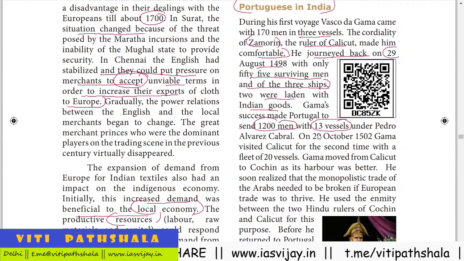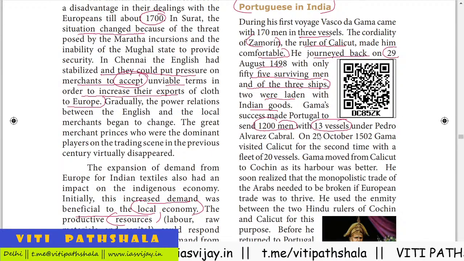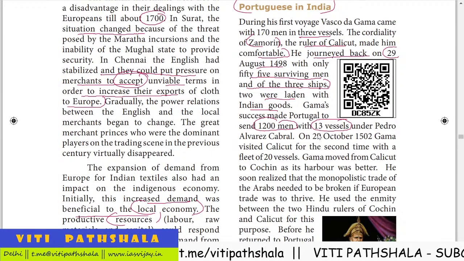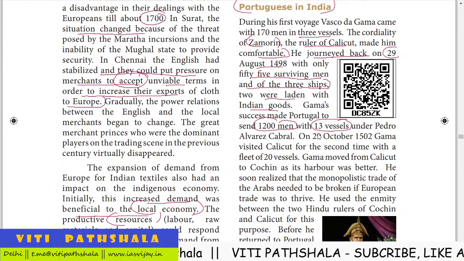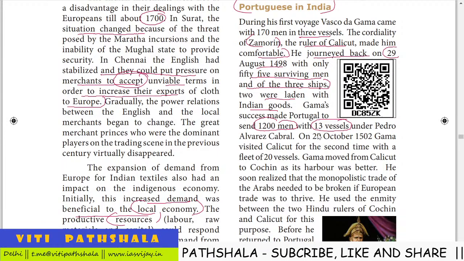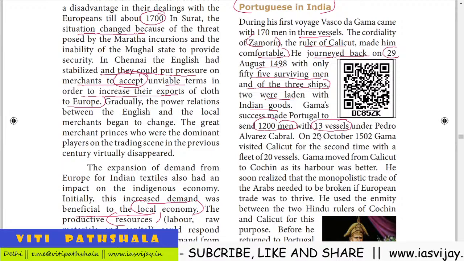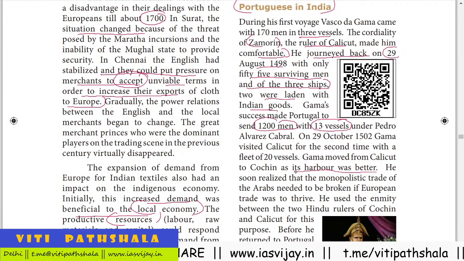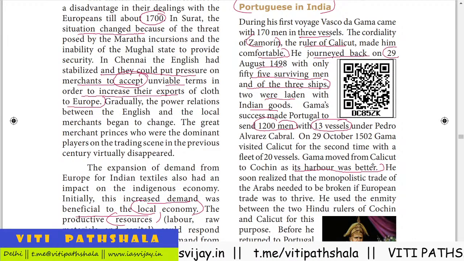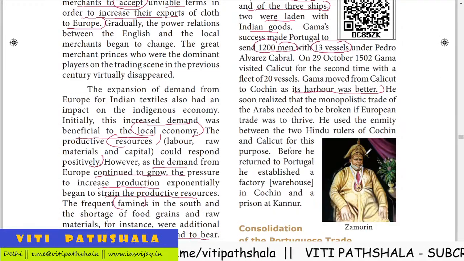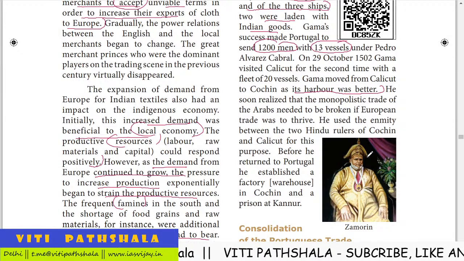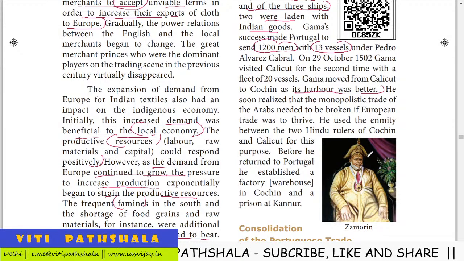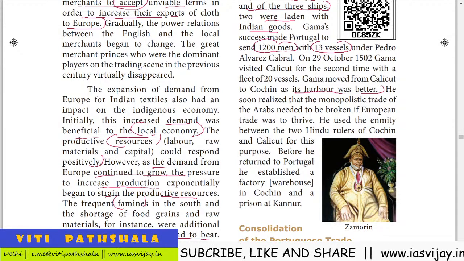On 29th October 1502, Gama visited Calicut for the second time with a fleet of 20 vessels. Now, Gama moved from Calicut to Cochin as its harbor was better. Now, he soon realized that the monopolistic trade of the Arabs needed to be broken if European trade was to thrive.